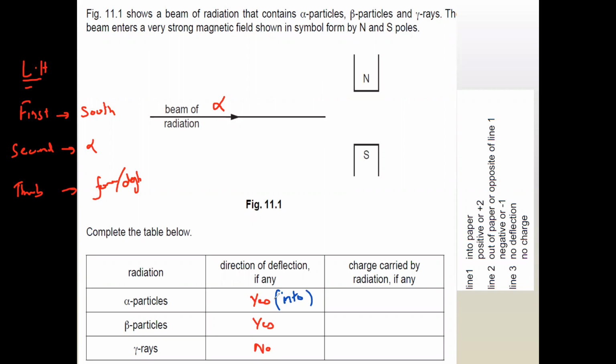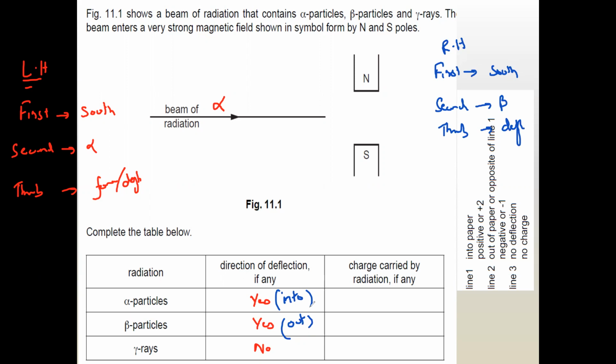And as I mentioned, if alpha is up, beta will be down. If alpha is down, beta will be up. If alpha is into, beta will be out of the page. We can also work it out for beta. We'll use the right hand, like for alpha we use the left hand. The index finger, the first finger, represents the magnetic south. The second finger represents the beta particle, and where the thumb points shows the deflection or deviation.